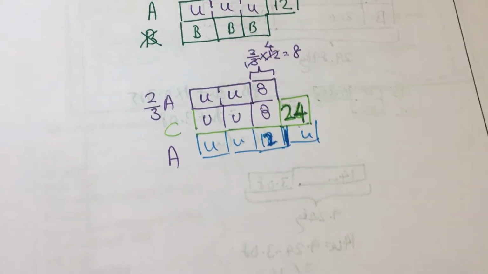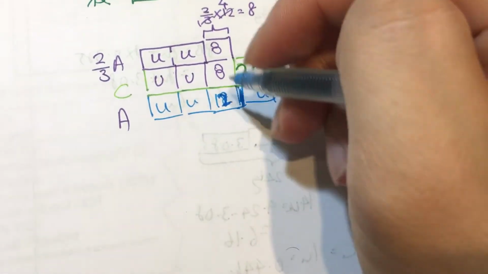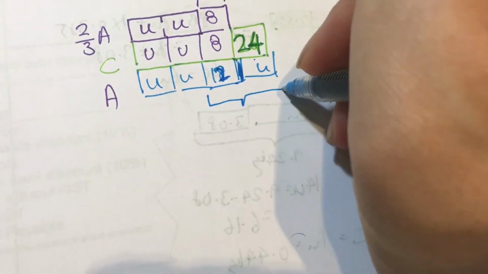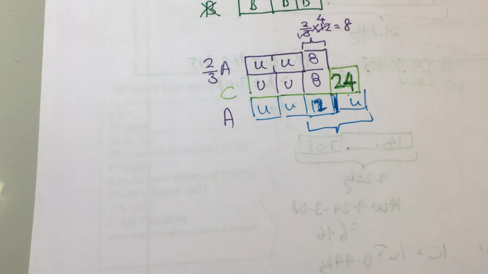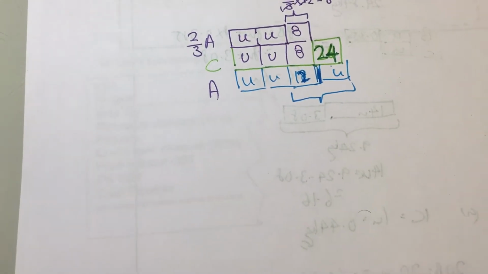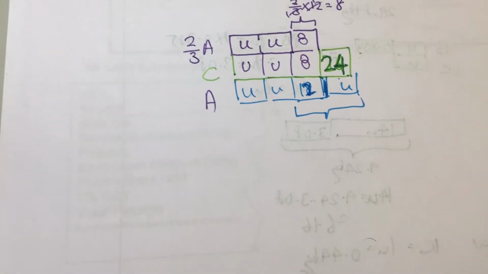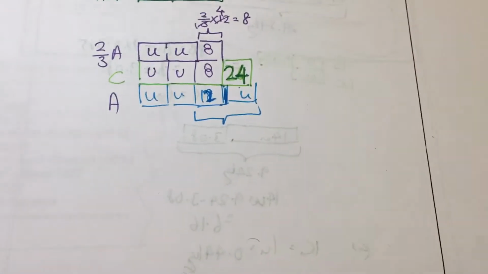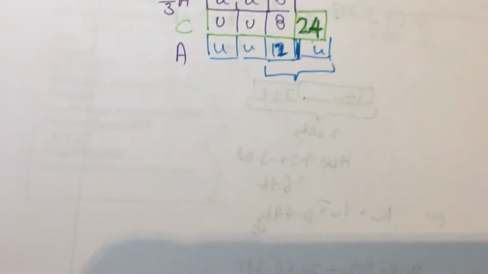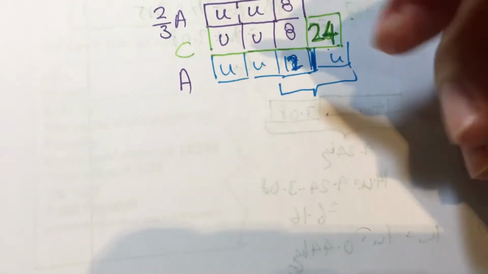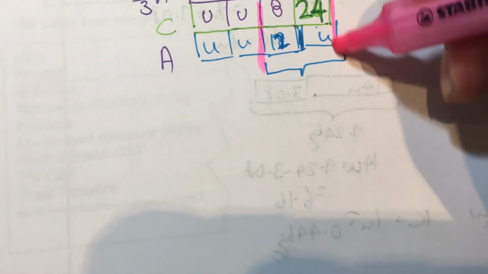All right, can you see that the only difference is this part? Okay, let me find a pen. Okay, let's see. Can you see that the only difference is this part?